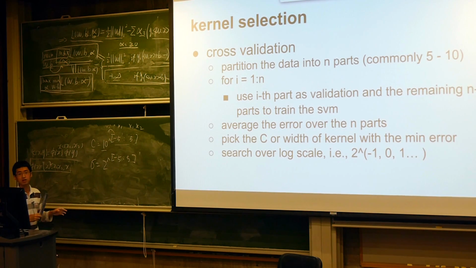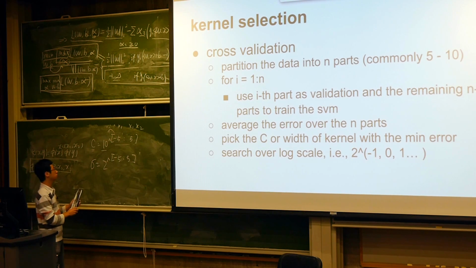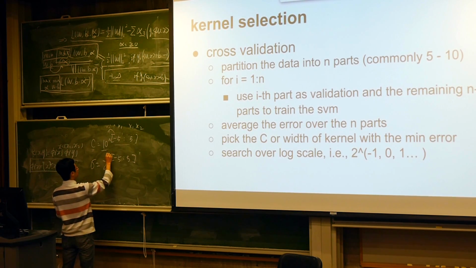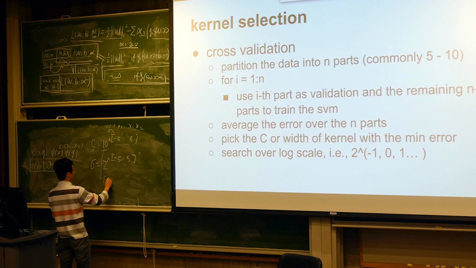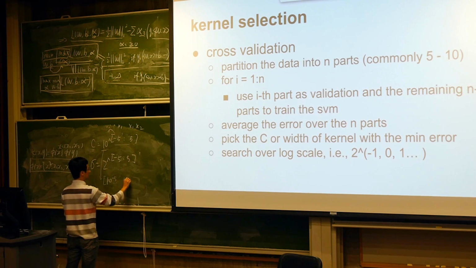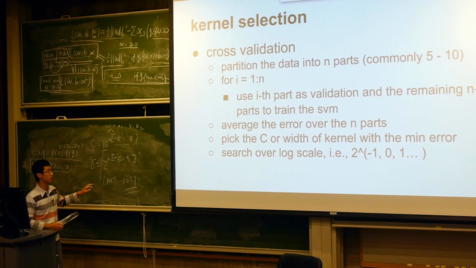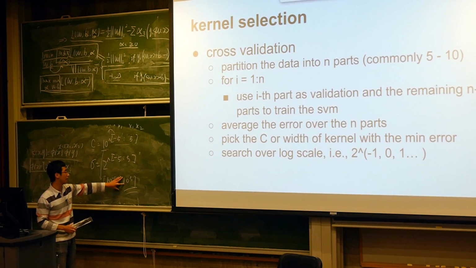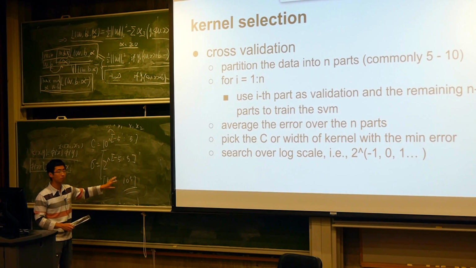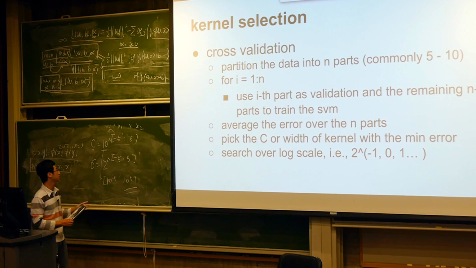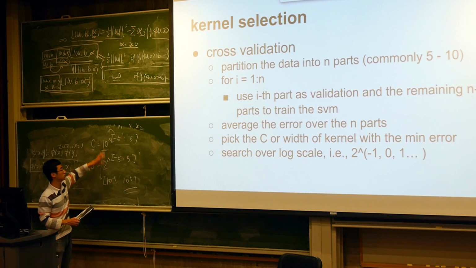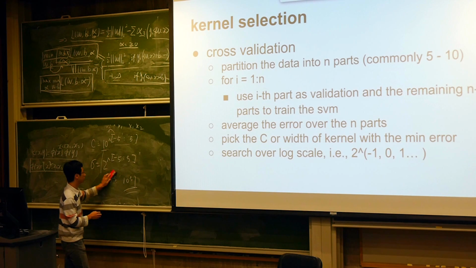So this can speed up the process. Otherwise, you have to search from 10 to the minus 5, which is quite small, up to something quite big. If you search over the original scale, then you have a huge number of models to train. That will take a lot of time. But here we only have a few, so that's why we want to search over the log scale.